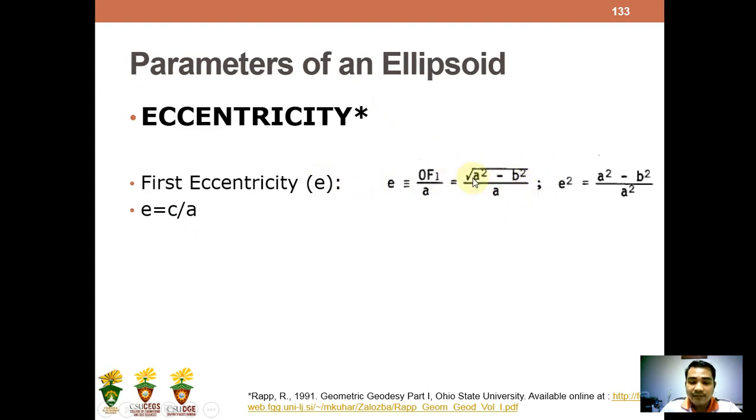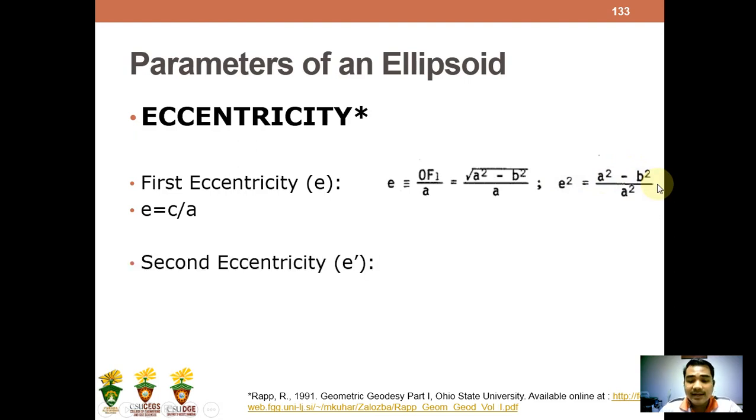The square root of a squared minus b squared is the same as the C we derived earlier, so it is C over the semi-major axis. Squaring both sides, e squared equals a squared minus b squared over a squared.